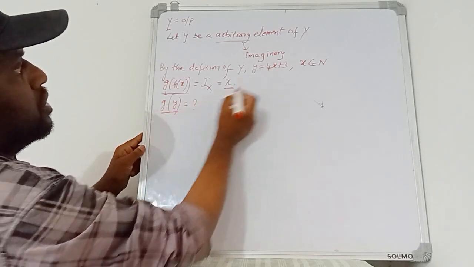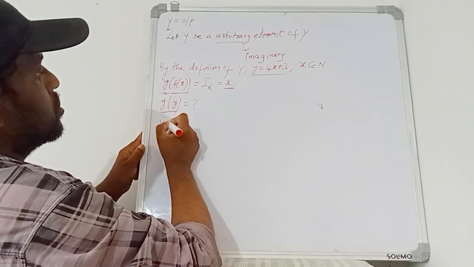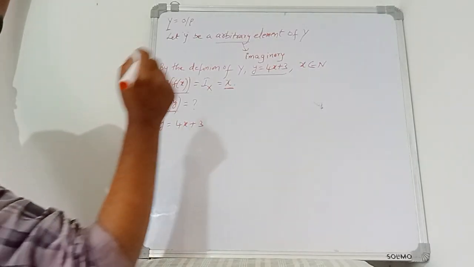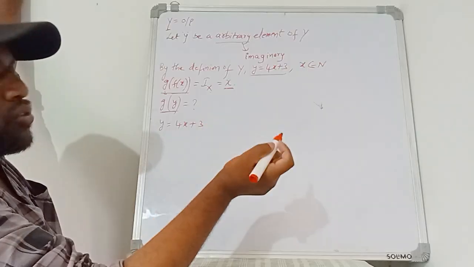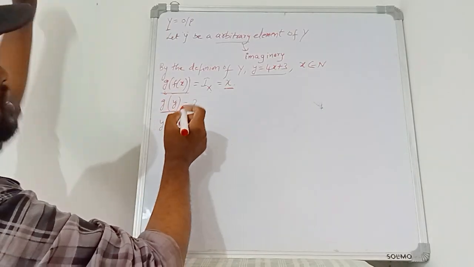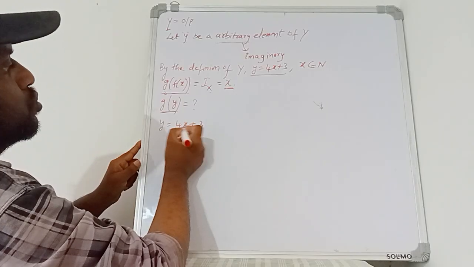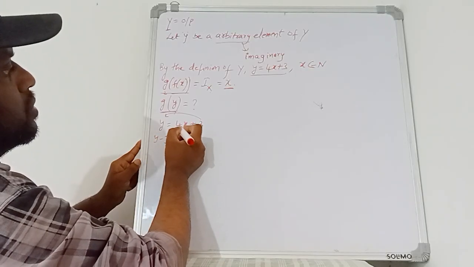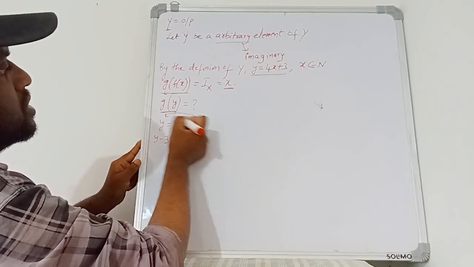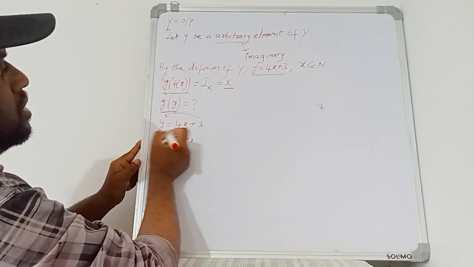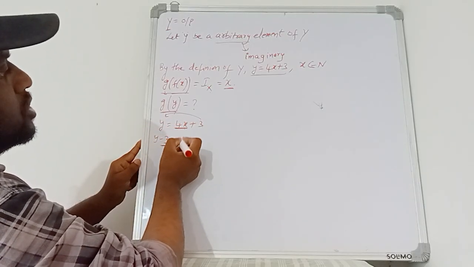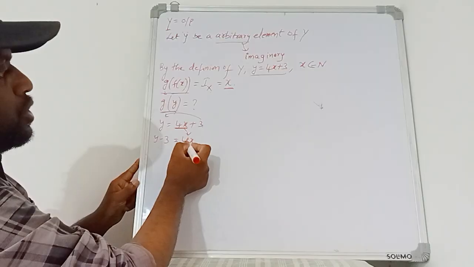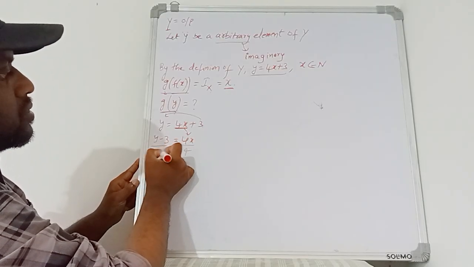For finding g of y, take this function. y is equal to 4x plus 3. Now we have to solve for x. We want x, so keep the 4x term here, send this 3 to this side, so it becomes minus 3. y minus 3 is equal to 4x. We don't want 4, so divide both sides by 4.